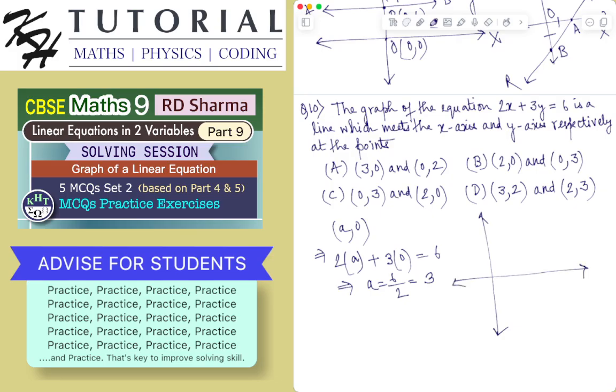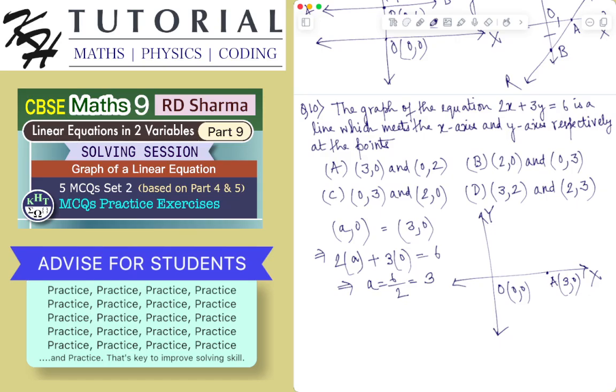Let's say this be the Cartesian plane, y-axis, x-axis, origin O. So clearly the coordinate of the point where the graph of this equation cuts the x-axis is 3, 0. Let's say this be the point 3, 0. So this is the point where the graph of the given equation will intersect the x-axis.